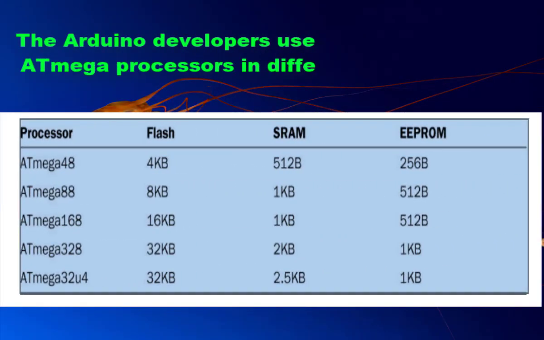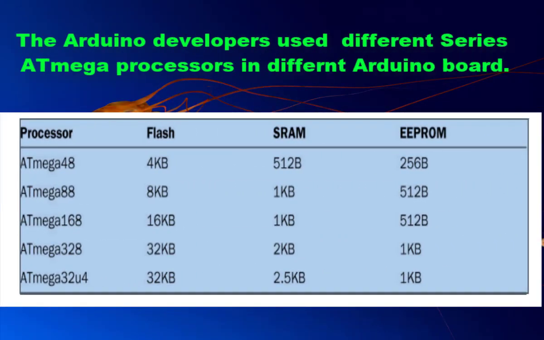The Arduino developers use different series of ATmega processors in different Arduino boards. The ATmega48 processor has 4 KB flash memory, 512 byte static random access memory, 256 byte EEPROM. The ATmega88 processor has 8 KB flash memory, 1 KB static random access memory, 512 byte EEPROM.